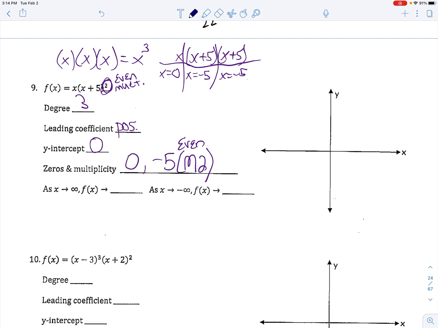So remember, I use the leading coefficient to help me in terms of how it's going to end. Positive leading coefficient, it's going to end high, start low. That's how it's going to look. That's the general shape of a positive x cubed graph. Start low, end high.